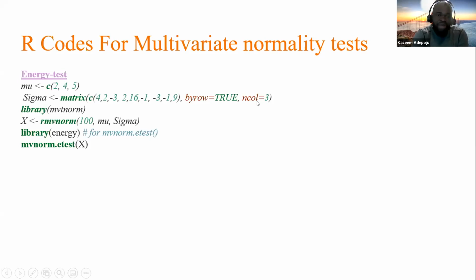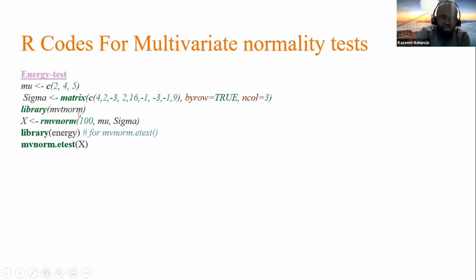When I do that, I need to have a package, and the package is going to be mvtnorm. If you want to run the energy test, you need to load this package: library(mvtnorm).